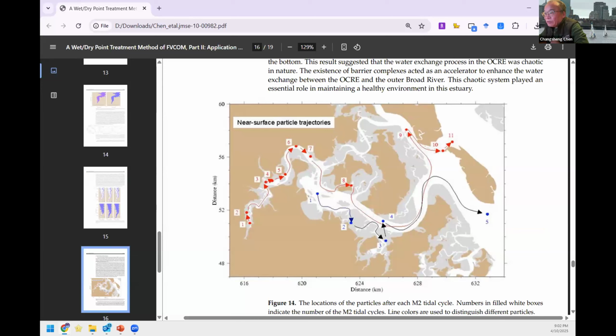Then at certain time steps go to 3, 4, 5, 6. Because this actually is narrow, they don't develop chaotic. When they go to 7, you see what happened? In this region, they got a lot of eddies here. You see the 8, 9, from here to jump to here. Okay.